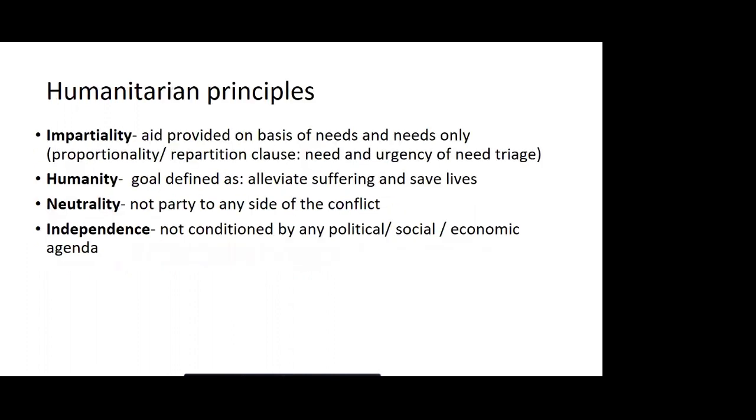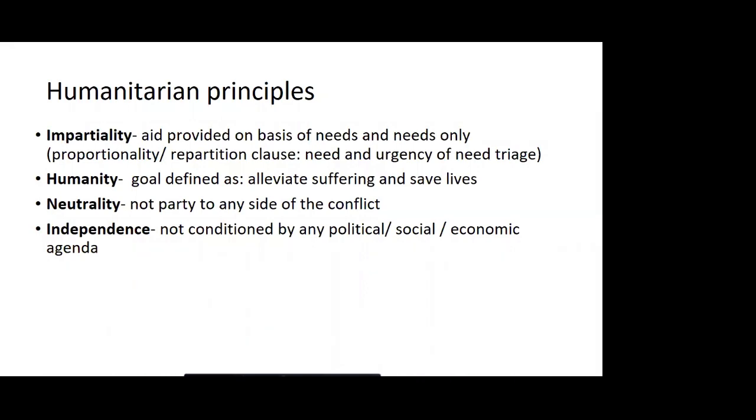So without further ado, just to set the ground, what is really key to understand is that any assessment that you might be doing, and anything when we talk about humanitarian work, is always underpinned by those 4 humanitarian principles, and that's the moral aspect of the work.